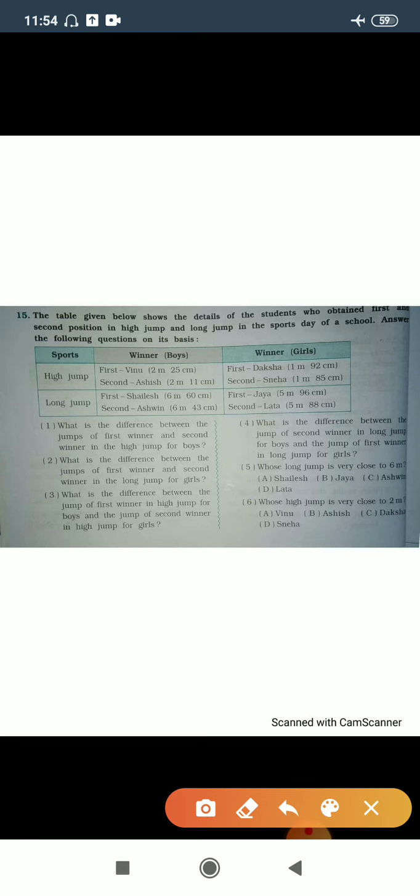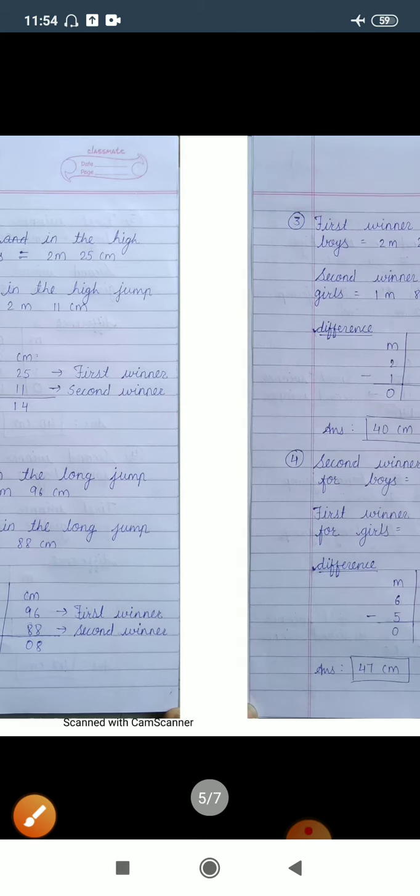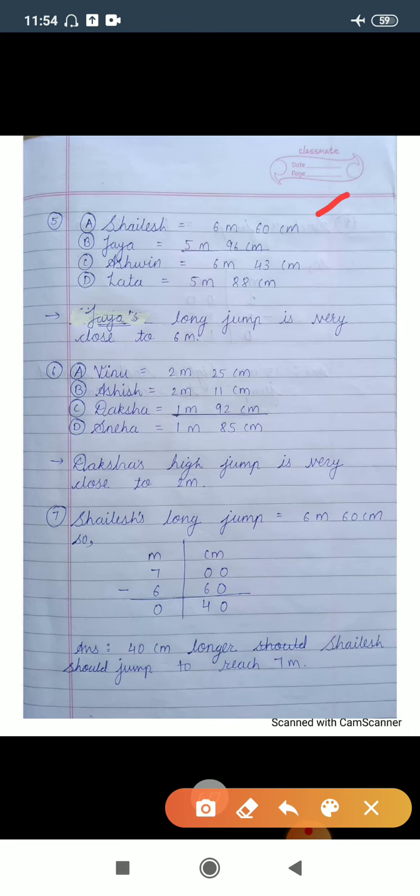Now students, number 5, whose long jump is very close to 6 meter. So here are some options given. With the help of this we need to find out who is nearer to 6 meter. So let's see. Here I have already written the jumps of the options, that is Sailesh 6 meter 60 centimeter, Jaya 5 meter 96 centimeter, Ashwin 6 meter 43 centimeter, and Lata 5 meter 88 centimeter.